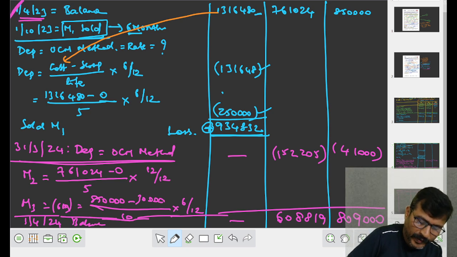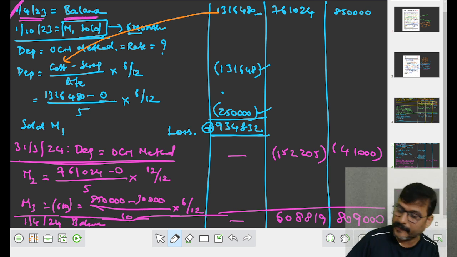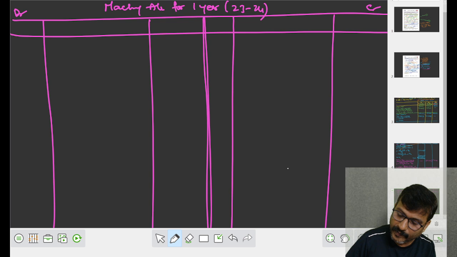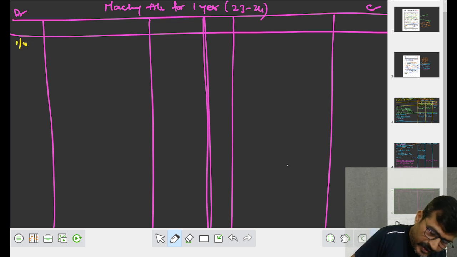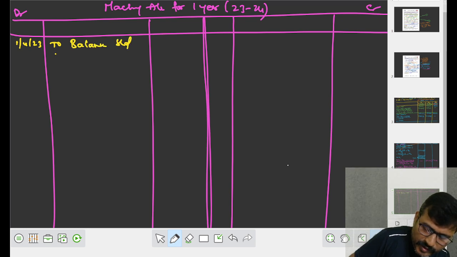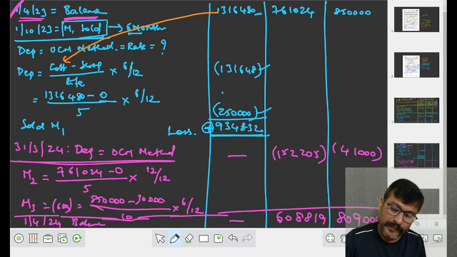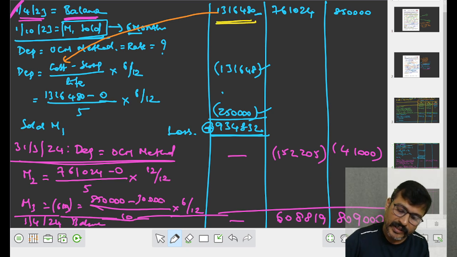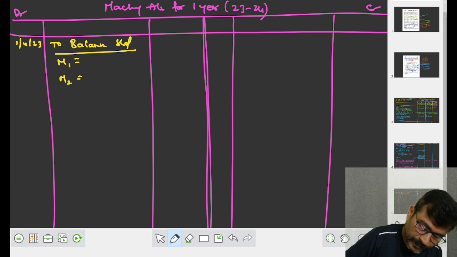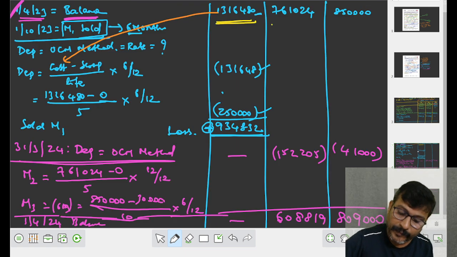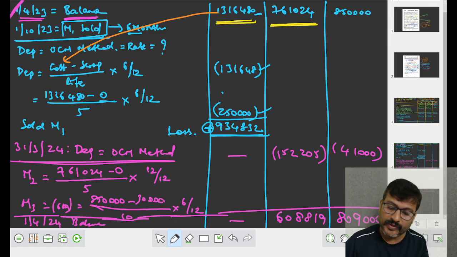On 1st April 23, we have a balance. 1st April 23, to balance brought down, M1 and M2. See, what was the balance of M1? 13,16,480. For M2, 7,61,024.